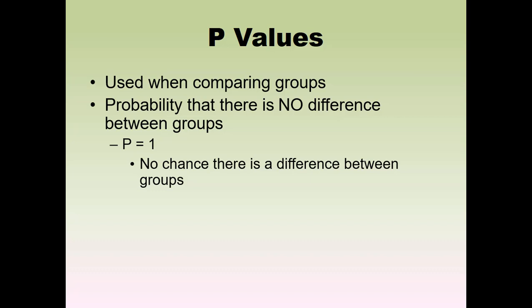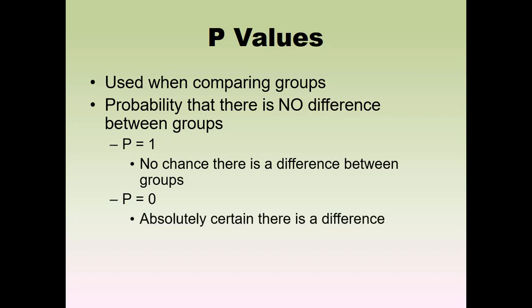So if it's a high p-value, that means there's little chance that there's a difference. If the p-value is very low, as it approaches 0, when we reach 0, then we are absolutely certain that there is a difference between the two groups.